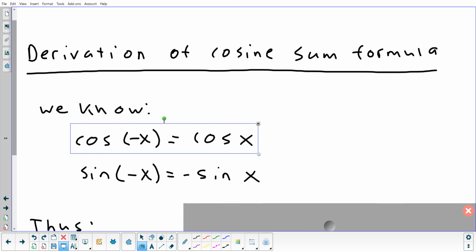Now with sine, it's not quite the same. You can't get rid of that negative inside the argument, but you can move it in front. Both of these are important because in trig, we do not like to write complicated arguments. A negative with a letter is more complicated than just a letter. So this gives us a way to get rid of the negative.